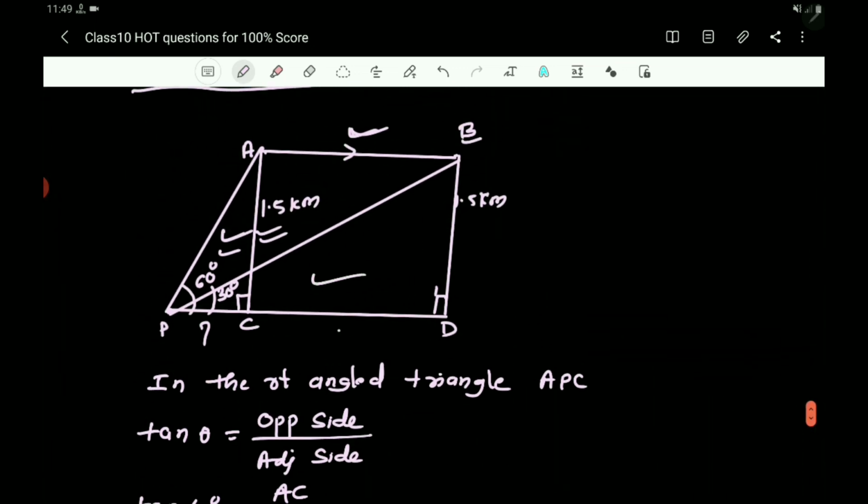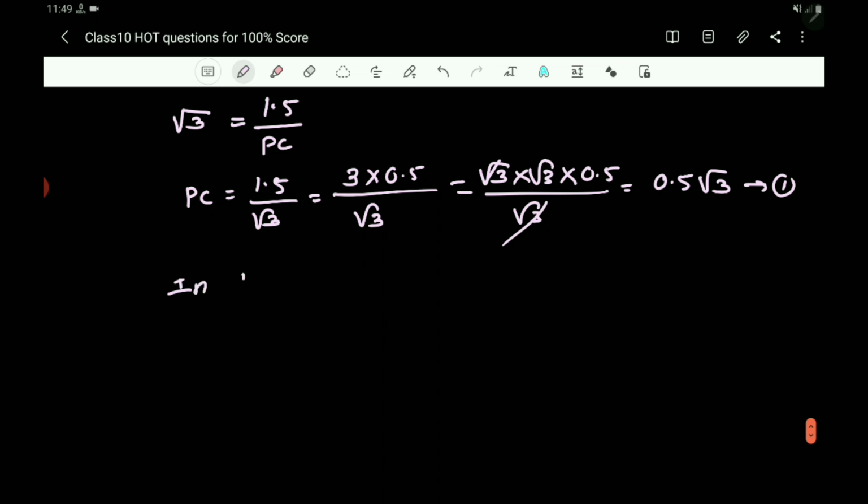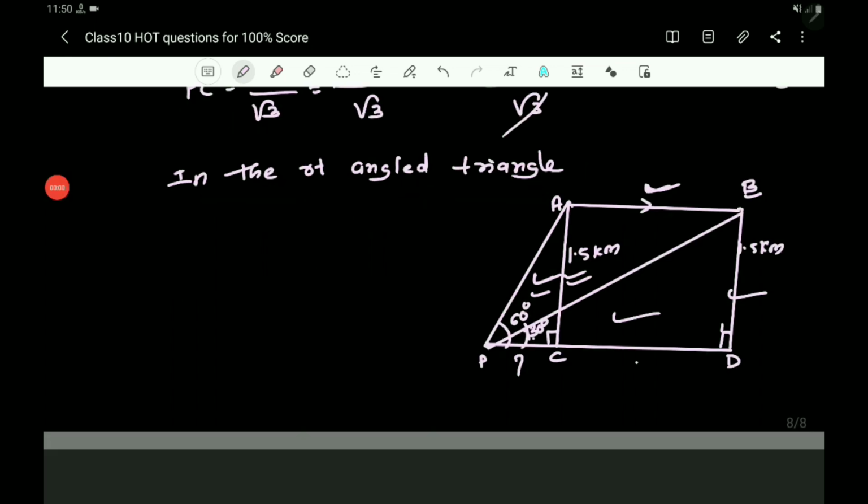Now you take this triangle. In triangle PDB, write in the right angle triangle PDB.